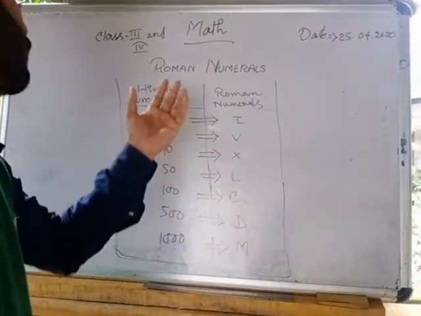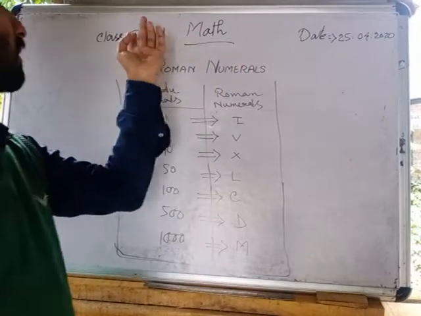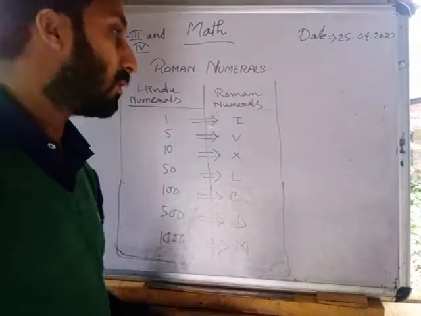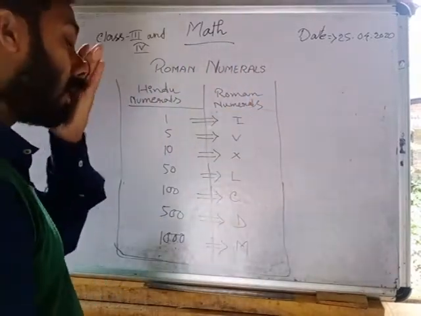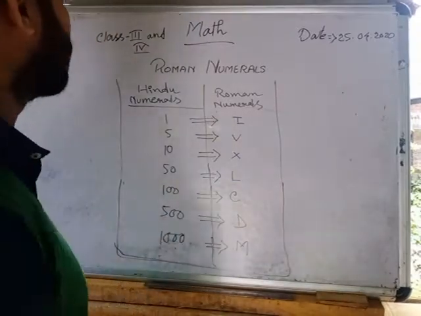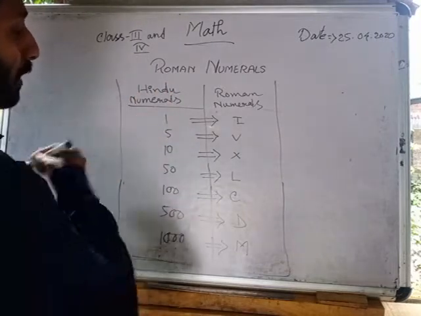So today I will start math for classes 3 and 4. What are Roman numerals? How do we write Roman numbers and what are their signs? In Hindu numerals, we write 1.